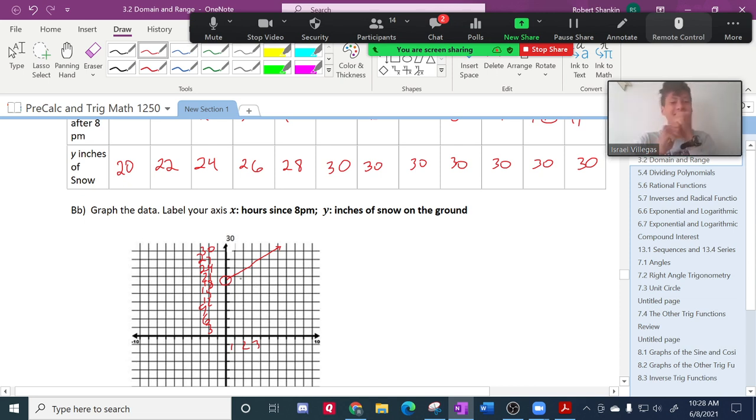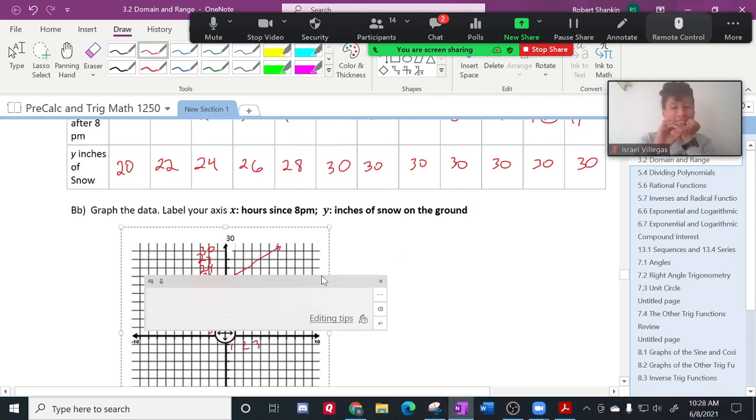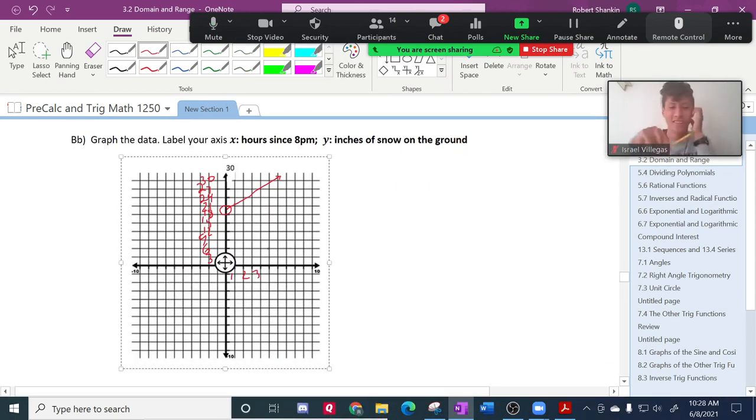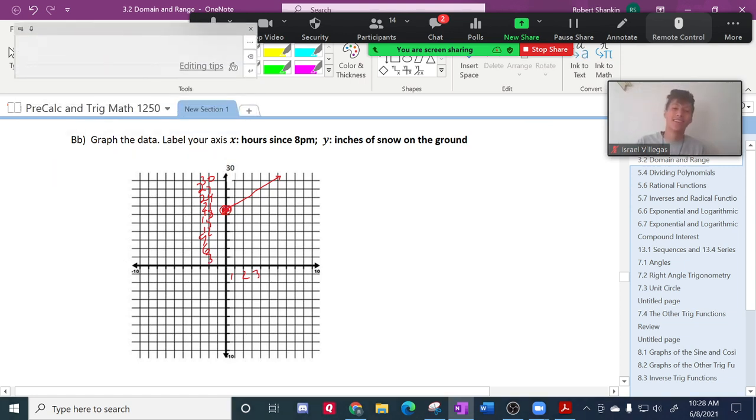I don't know, fill it in. Yes, you are correct. The reason why we fill it in is because at time 0, it does have a definite 20 inches of snow.